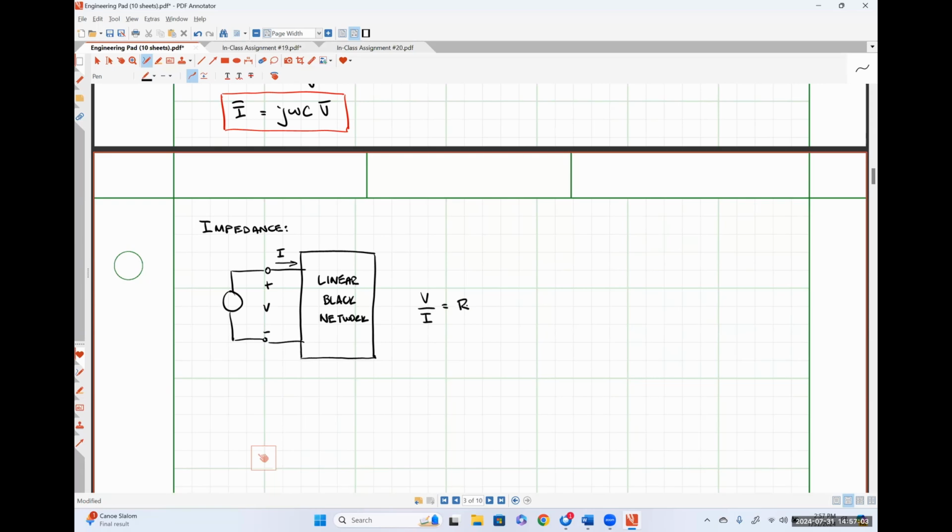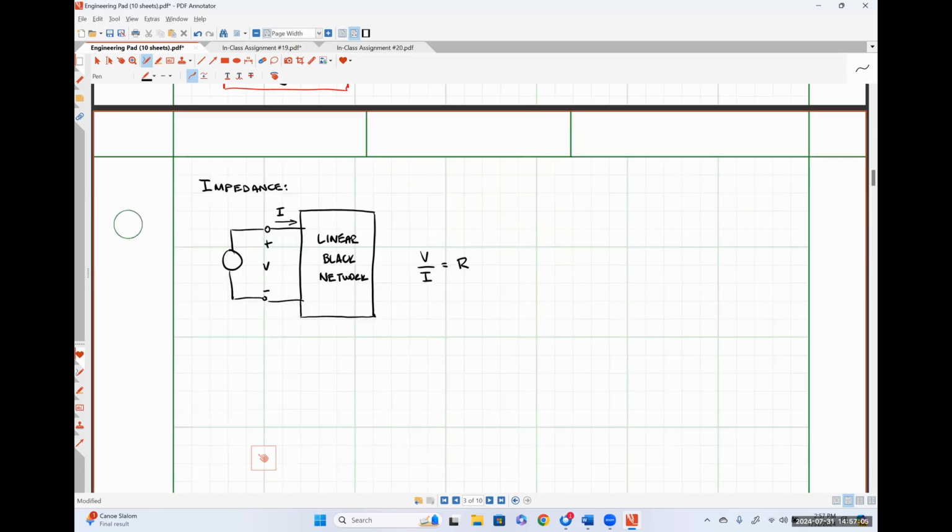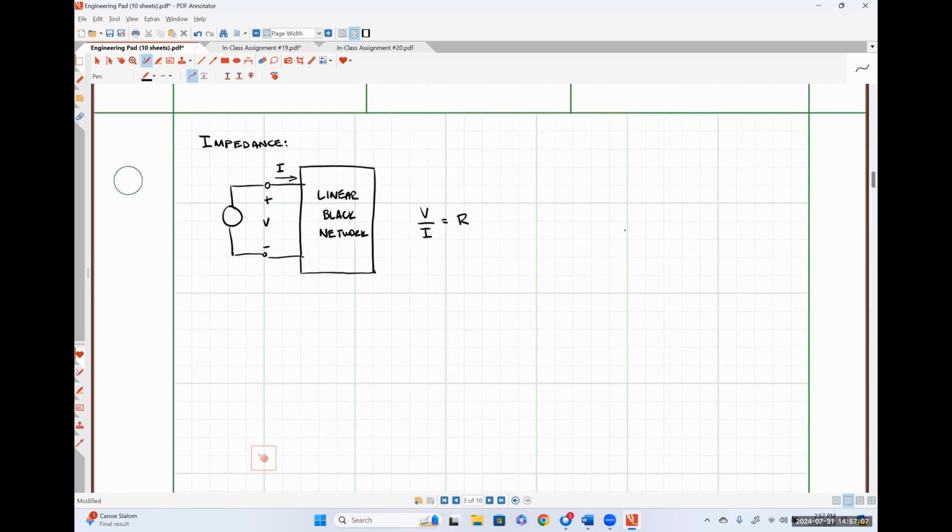100% correct. Okay. So think of this as a DC resistance.